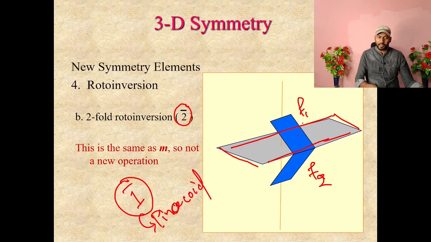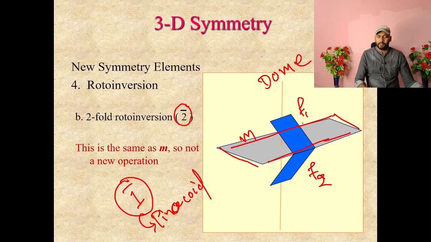For 1 bar it is pinacoid because the two faces are related to each other by center of symmetry. Here two faces are related to each other by a mirror plane in between. These faces are called dome. This structure is called dome.